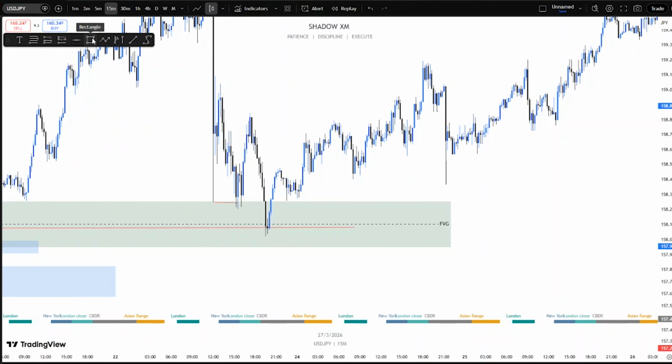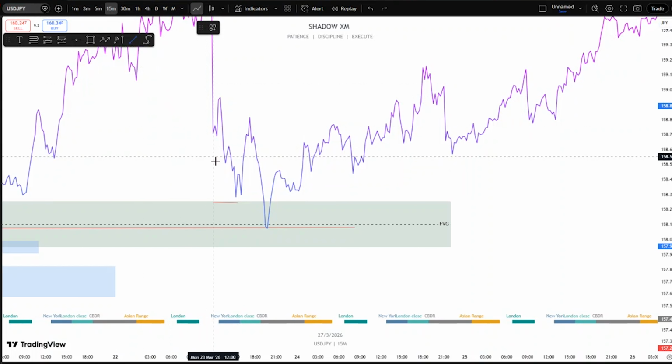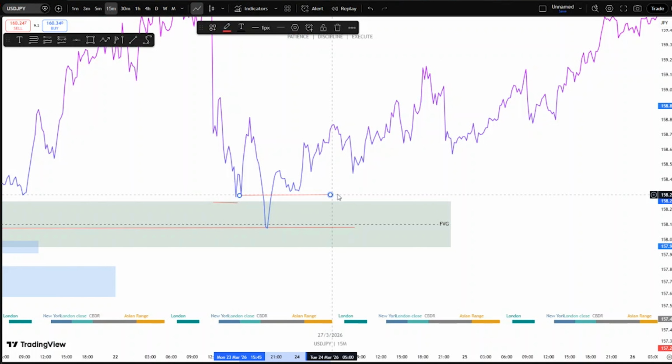So basically, the closest pullback you see there, you enter from instantly. Or rather, there's this stuff I usually use here. I will have marked out this zone here, right?